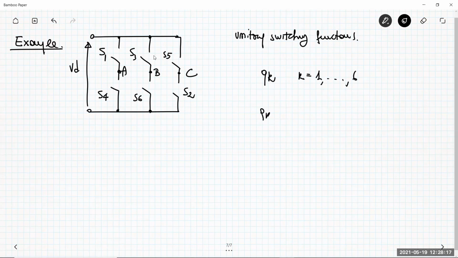Basically Qk is 1 if the switch Sk is on, or 0 if the switch Sk is off.